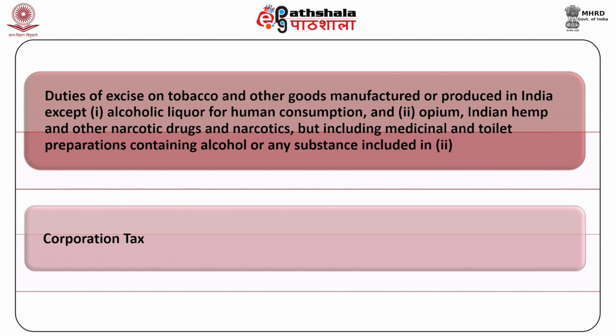Duties of excise on tobacco and other goods manufactured or produced in India except alcoholic liquor for human consumption, and opium, Indian hemp and other narcotic drugs and narcotics, but including medicinal and toilet preparations containing alcohol or any substance included in the above. 4. Corporation tax.